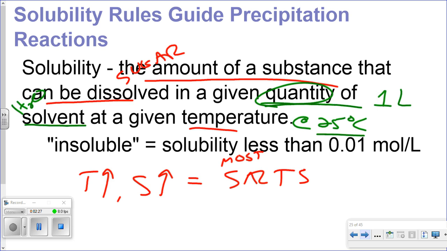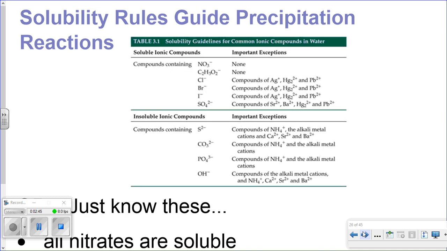As temperature rises, solubility decreases for gases. Sorry, I'm so sloppy. All right, let's go back to salts. Solubility applies to salts being dissolved in water. In order to determine this, we must know some rules.